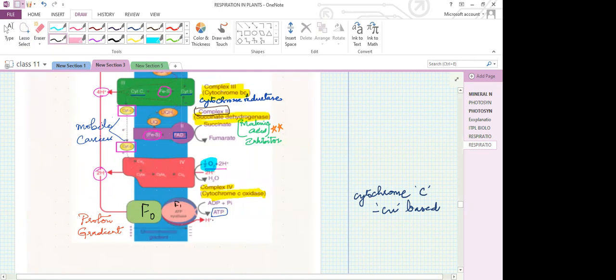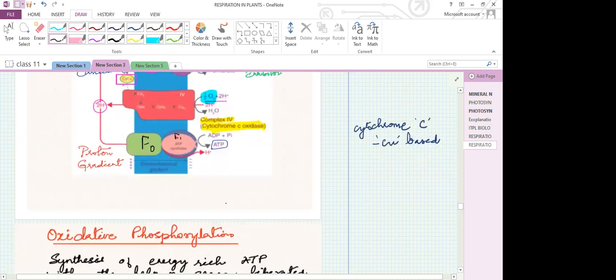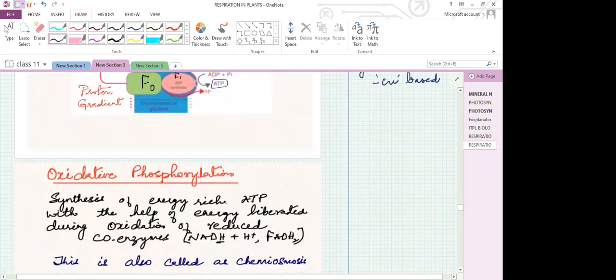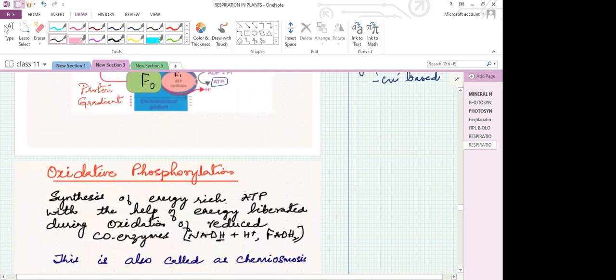This results in the formation of ATP, and hydrogen is pumped from the perimitochondrial space, or inner mitochondrial space, back into the matrix. The movement of this proton helps in the release of ATP. This is called oxidative phosphorylation, as it is in the presence of oxygen. How does oxidative phosphorylation take place?